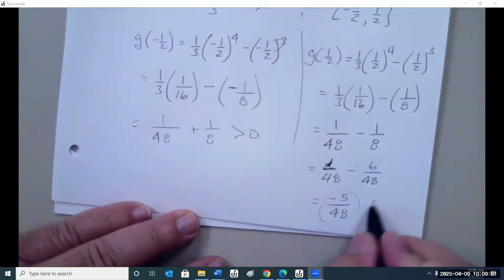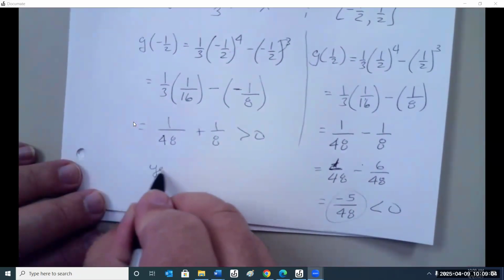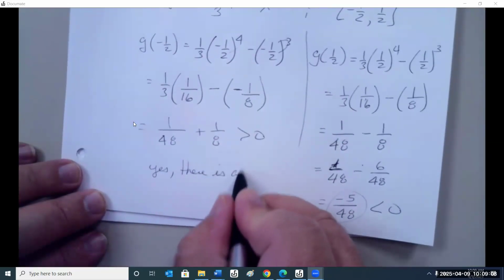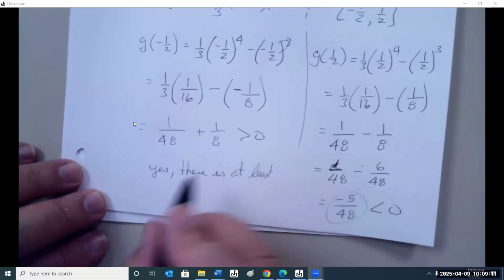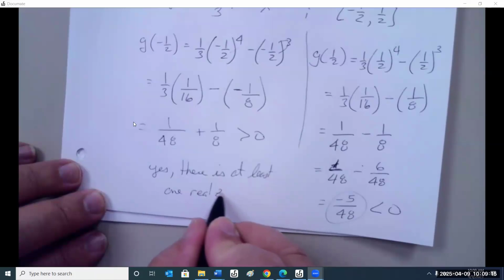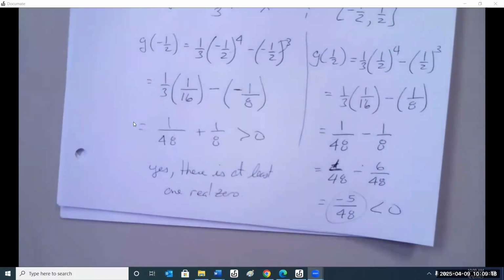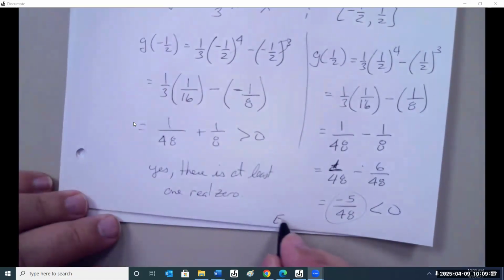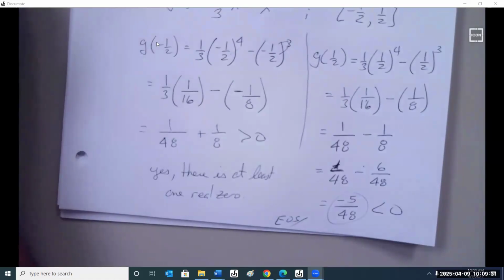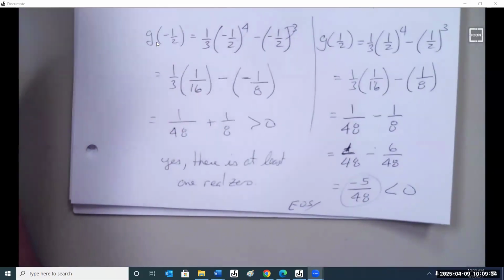Since they're different signs, yes, there is at least one real zero. Make sense? Okay with that? That's the end of that section.